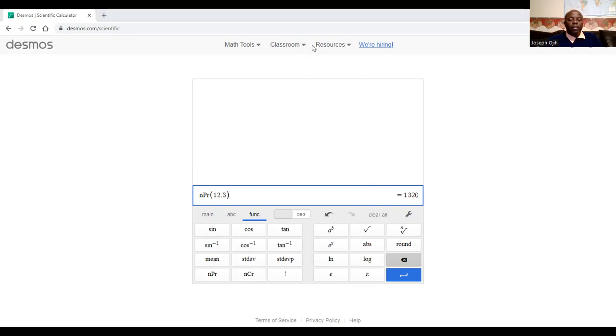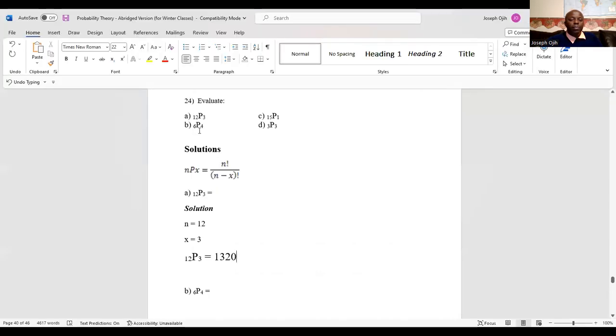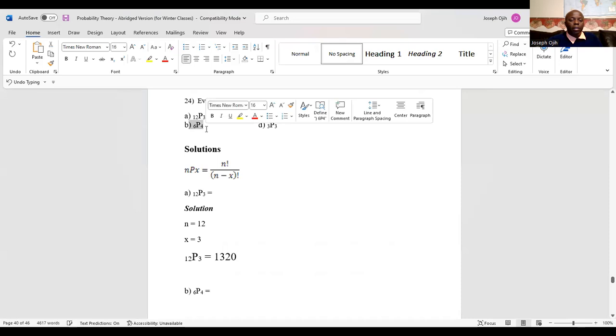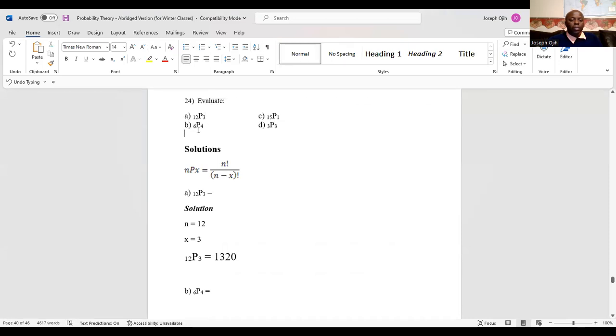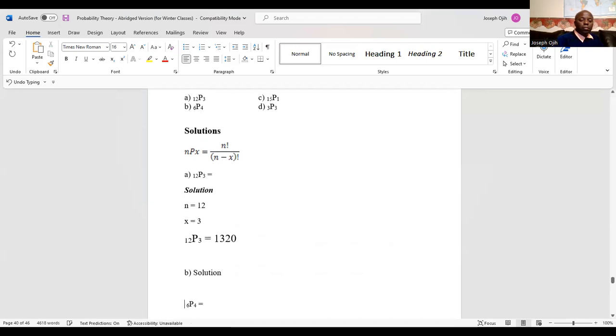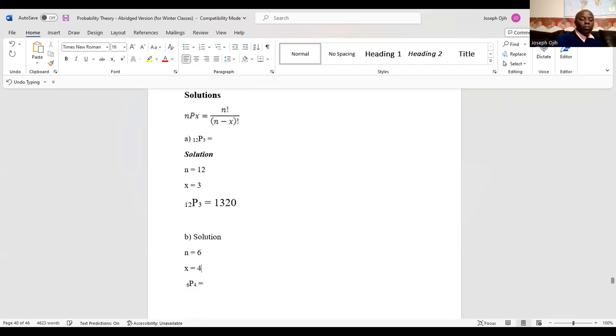Now let's do the second part. The second part says 6 permutation 4. In this case our n is 6, and our x, or the calculator uses r for x, is 4. So that's 6 permutation 4.